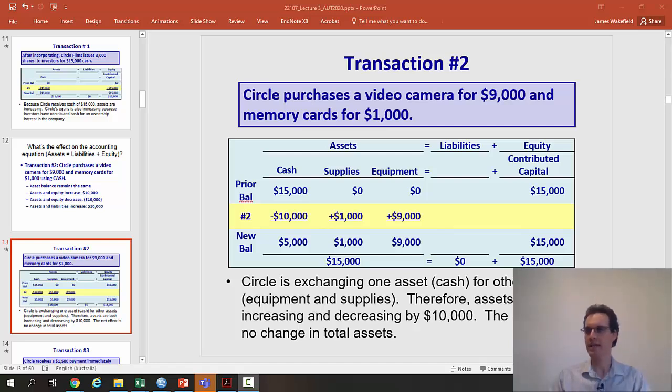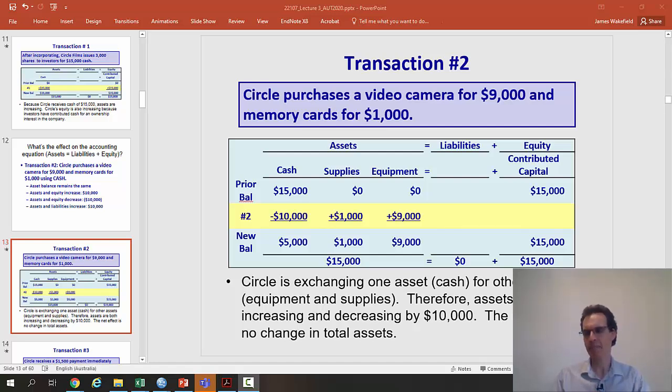You were informed that these purchases were done by paying the supplier in cash. So what is the effect of this on the accounting equation?